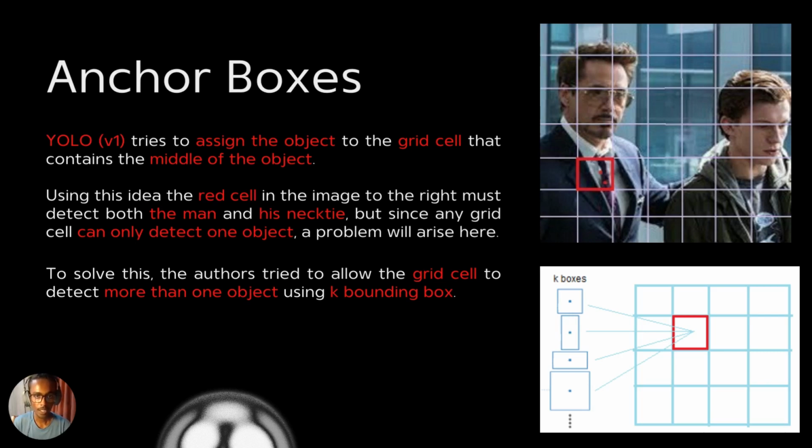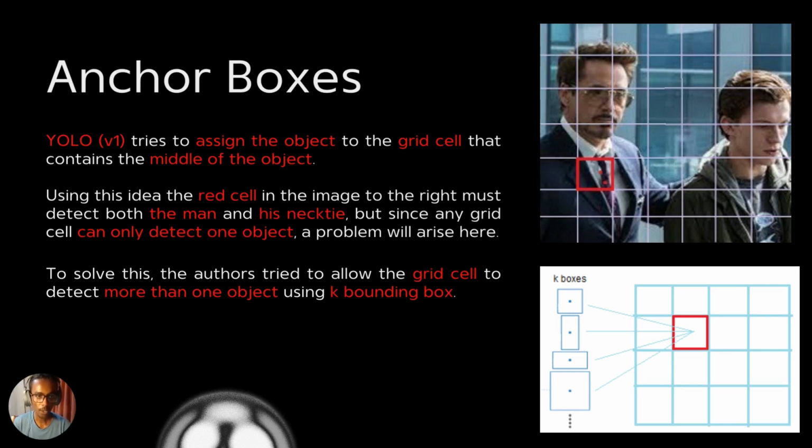We just identify the center of the object, and the cell that contains that center is going to be responsible for predicting that object. Using this idea, the red cell on the image to the right must detect both the man and his necktie at the same time. But since any grid cell can only detect one object, a problem will arise here.